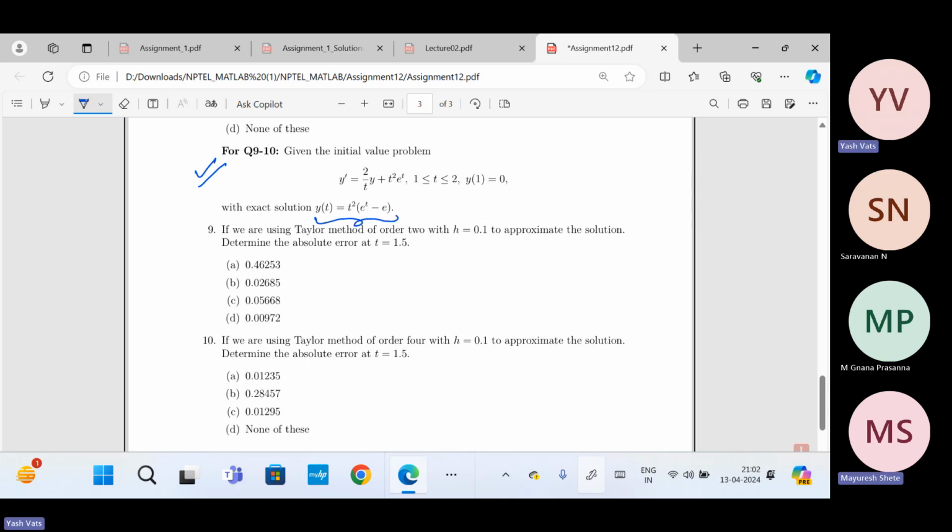You need to apply Taylor method of order 2 and Taylor method of order 4. Using the same approach, you can do that. And I discussed earlier that you need to find the error: you take the absolute value of y approximate at tn minus the exact solution value at tn. Just that.